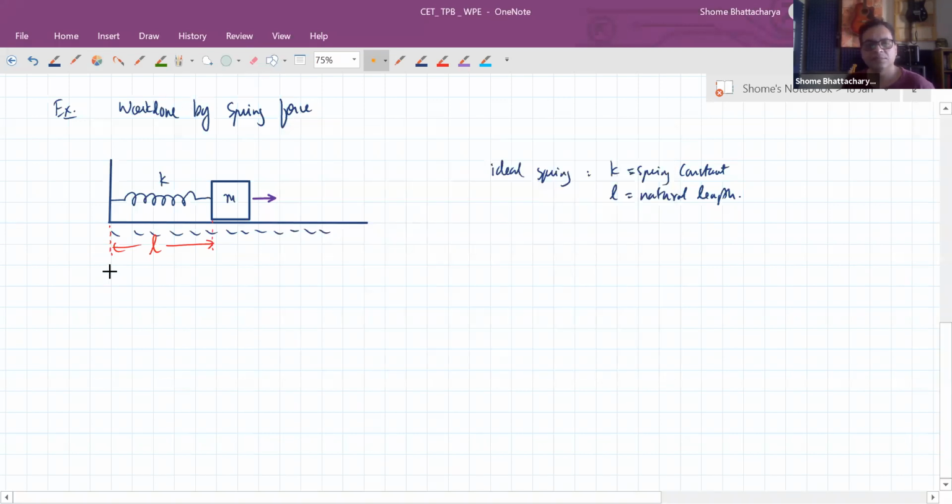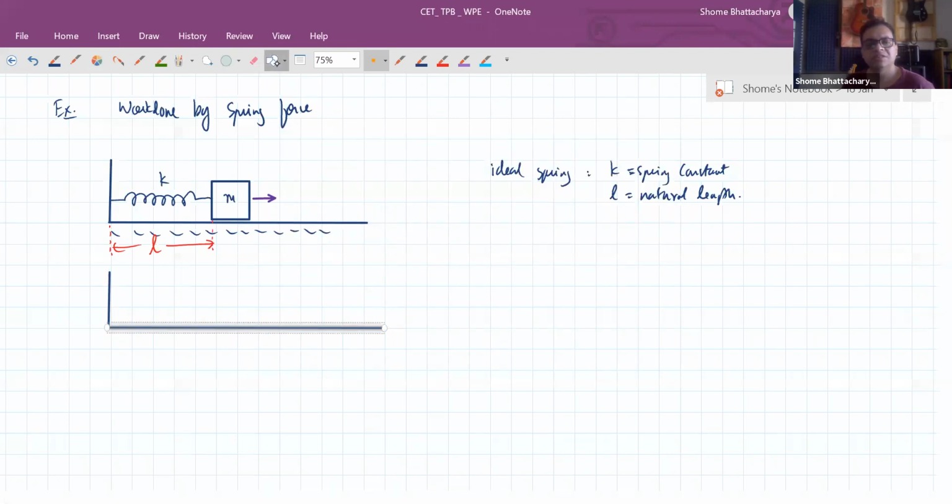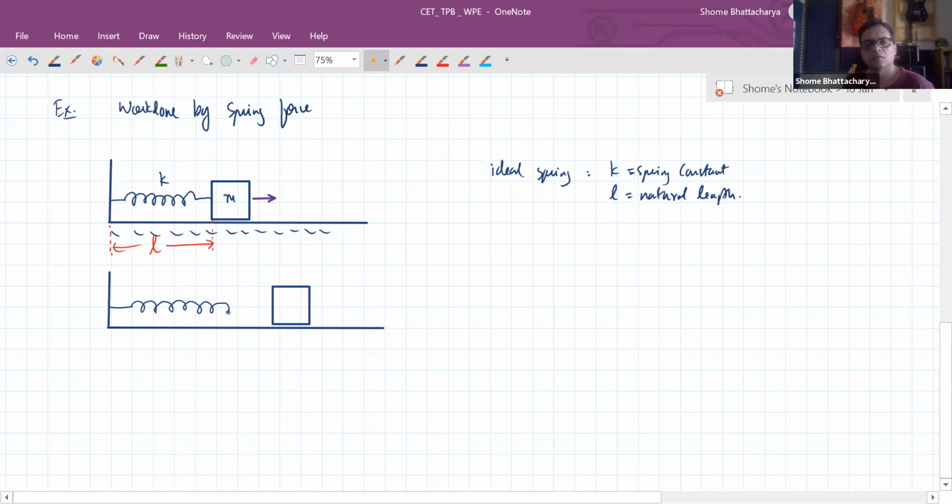So we want to extend the spring by pulling the block through a certain distance. Let's say the spring is getting extended by a certain distance d. You can see that the block has been displaced by that same distance d.